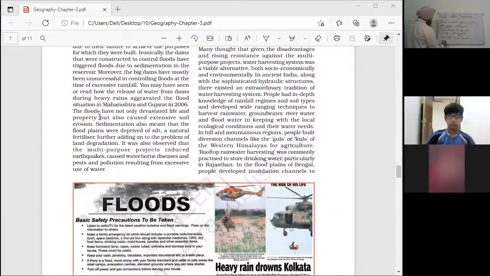Hauz Khas, H-A-U-Z K-H-A-S, near Delhi. That particular reservoir was constructed to supply water to Siri Fort, S-I-R-I, near Delhi.